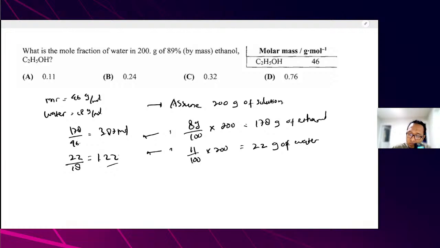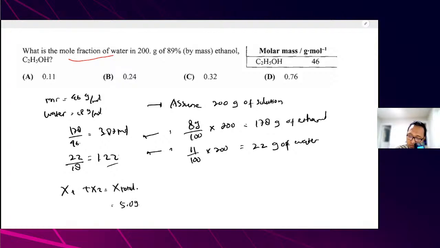So the question is, what is the mole fraction? It's pretty easy if we already got this one. Just add both, so we have x1 plus x2, x total. The x total is 3.87 plus 1.22, so it will be 5.09.